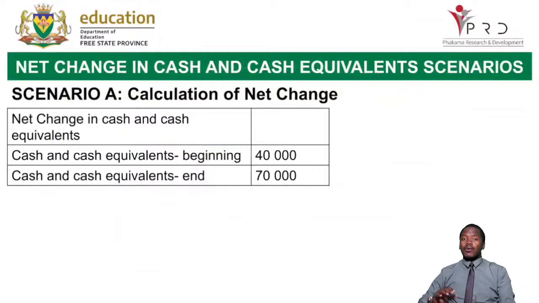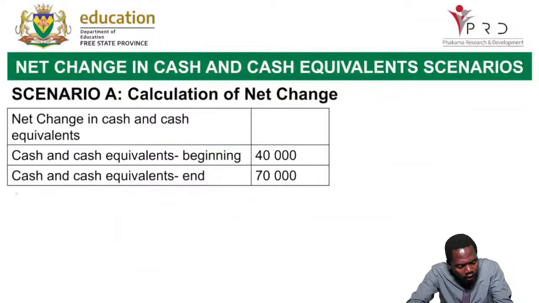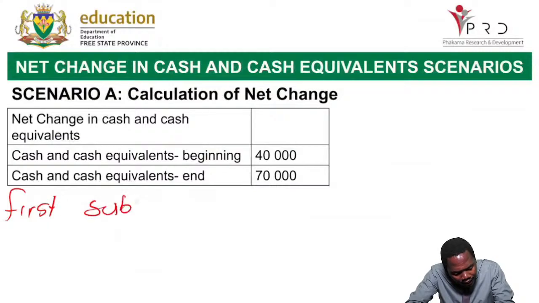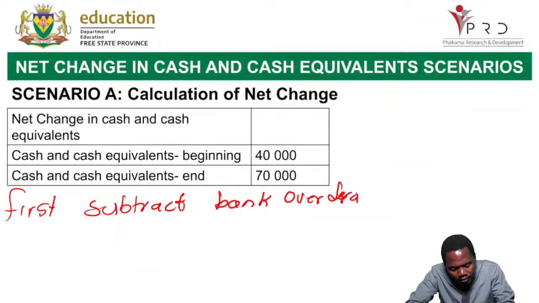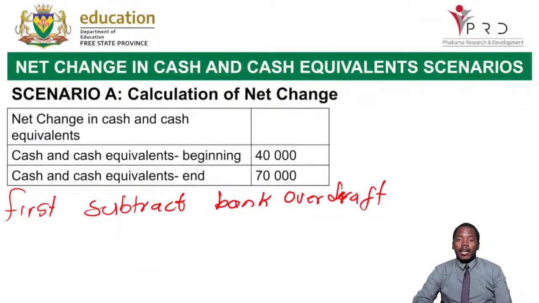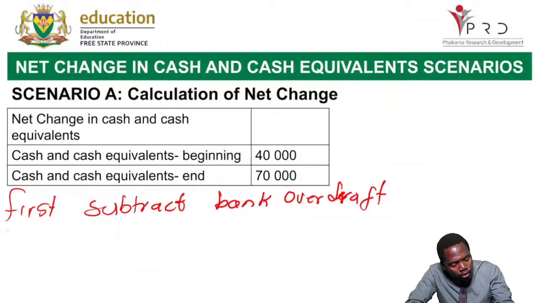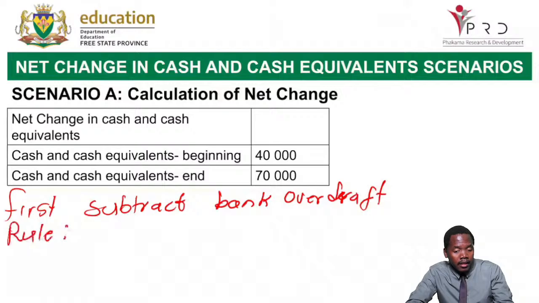What is the rule here? The rule is very simple. First of all, we first subtract bank overdraft. That is the first rule. Number two, we are going to look at rule 2. There are 2 rules here.